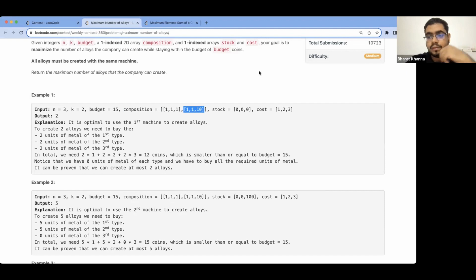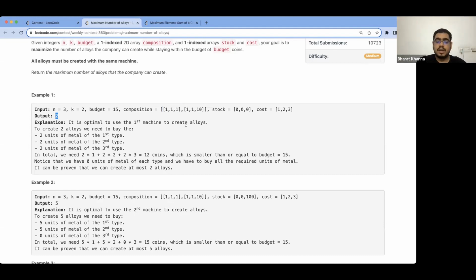How many alloys would we be able to make? 0, right? Why? Because just to make one alloy, we would need 1 plus 2, 3 plus 30, that is 33 rupees, which we don't have. Does this make sense? So that is why the answer is 2. The maximum alloys we can make is using the first machine, and that amount is 2.